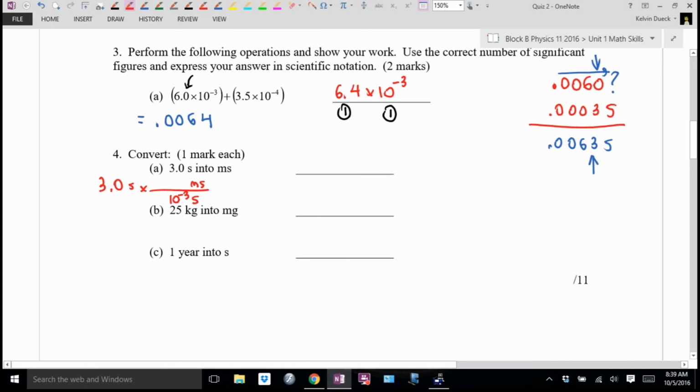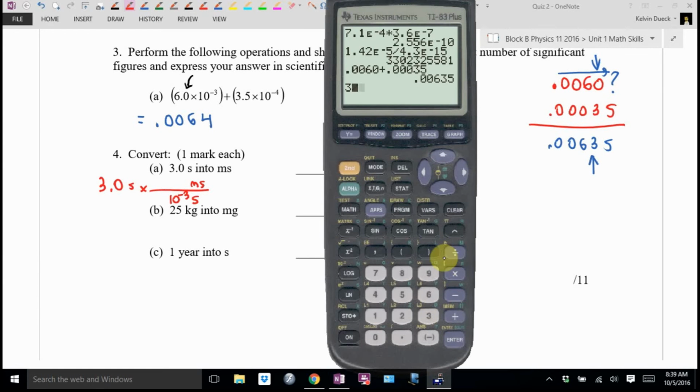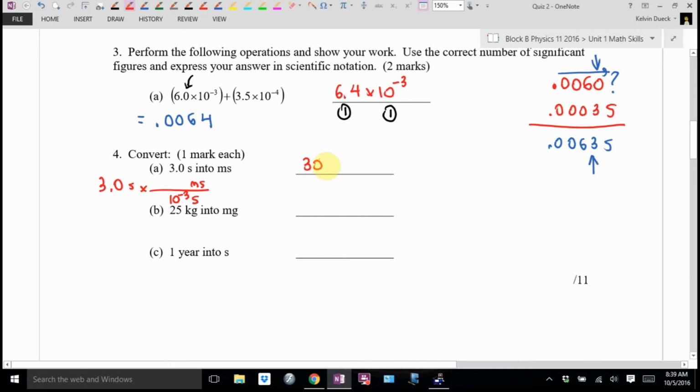So it's going to be 3 times 10 to the negative 3 or 3 divided by 10 to the negative 3? 3,000 seconds? 3,000 milliseconds? Anybody write that in scientific notation? It'd be 3 times 10 to the third? And I'm fine if you did that, but I think it's easy to write 3,000. Is that right? Yes? Okay.